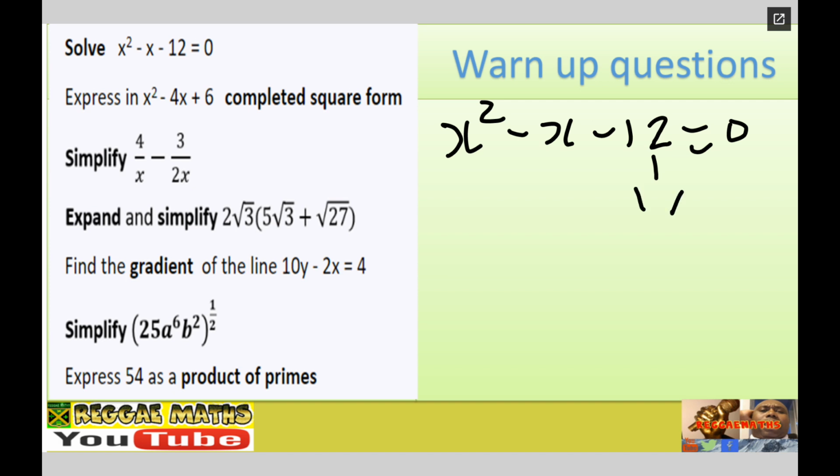So it's 1 times 12, 2 times 6, 3 times 4.